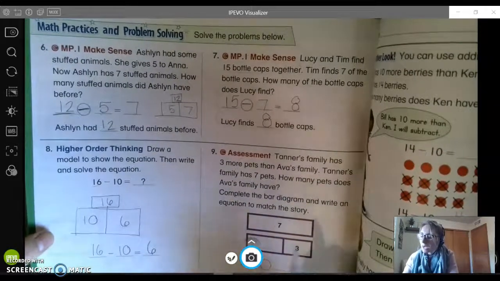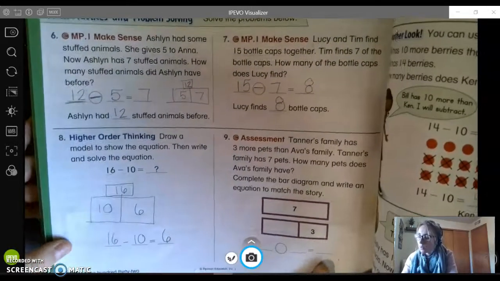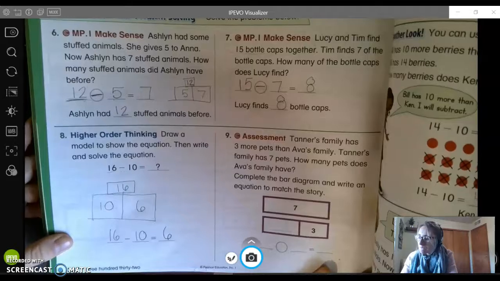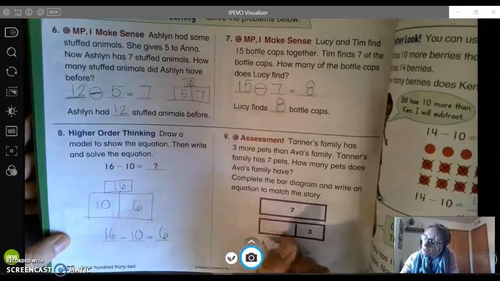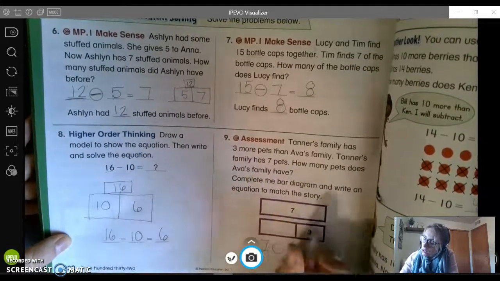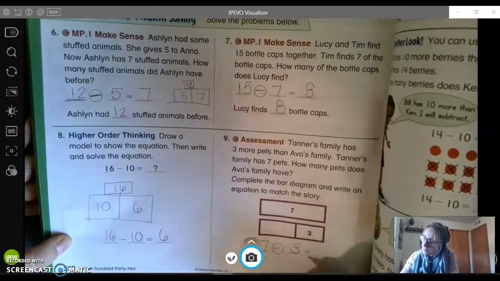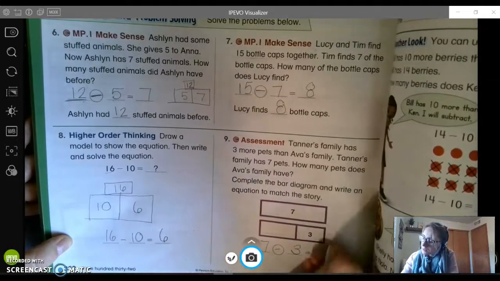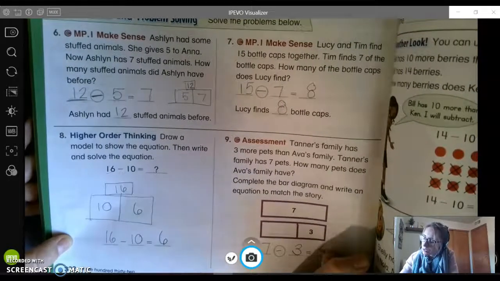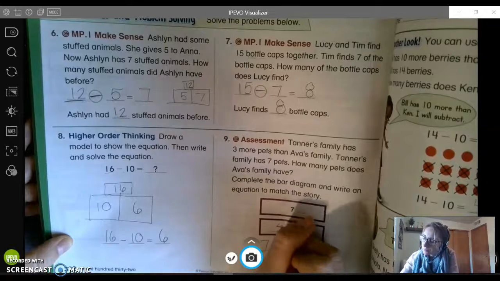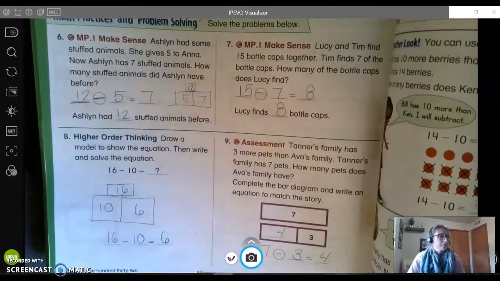So remember, our bar diagram is just part whole. So this would be subtraction to find the missing part. So 7 minus 3. And when I take 3 away from 7, my answer is 4. Okay.